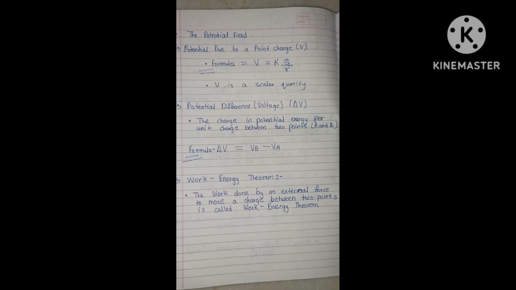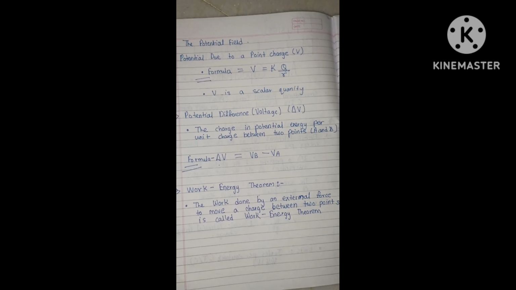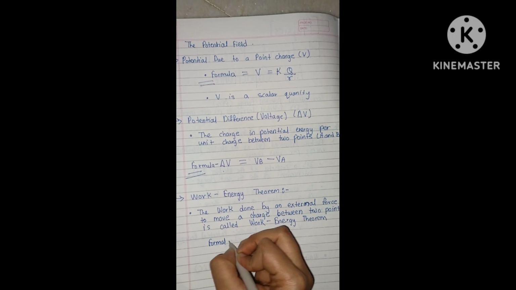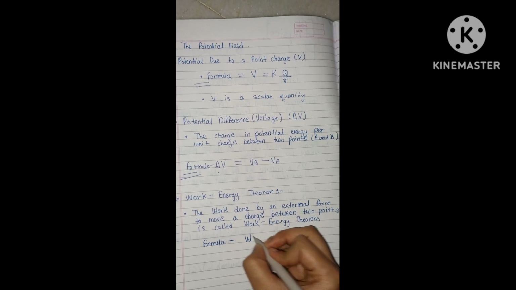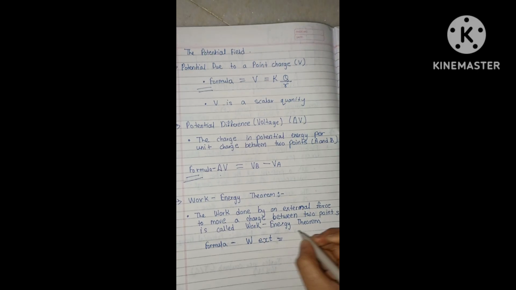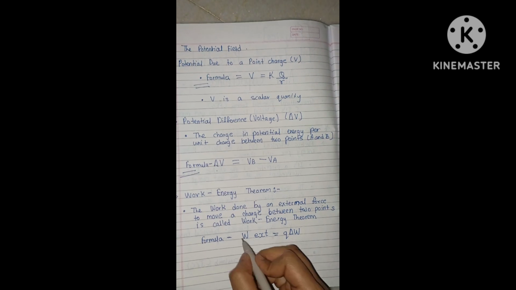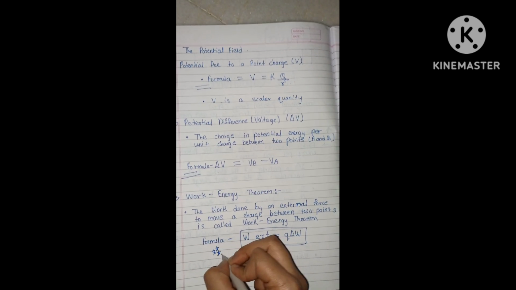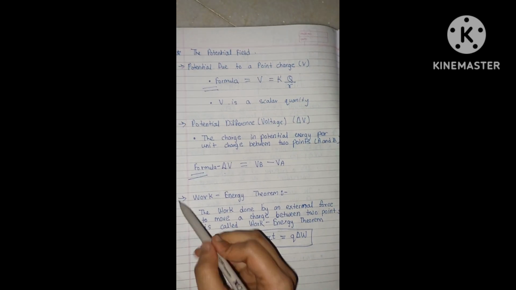The work done by an external force to move a charge between two points is called the work energy theorem. For solving the MCQs for work energy theorem, the formula used is work W is equal to charge times delta V. It's really important, so much important, because you can see in the last five years' papers there is one question on work energy theorem.